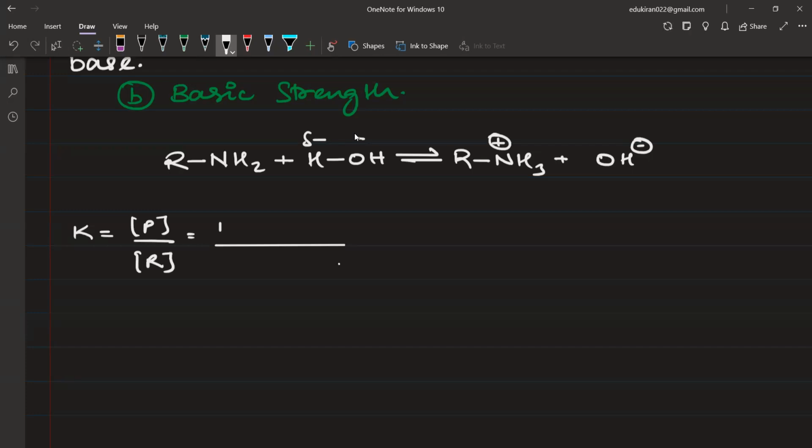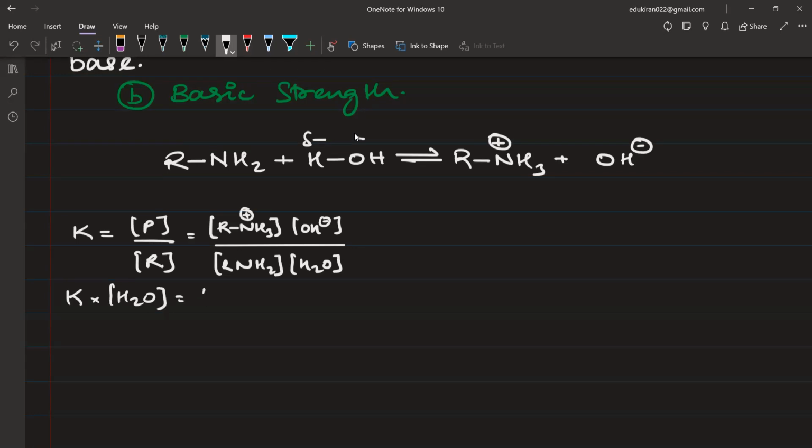The product here is RNH3 positive and OH negative, and in the reactant, we have RNH2 and H2O. Now, since the concentration of H2O is constant, I will multiply this K into the concentration of H2O. This will be equal to the Kb, which is equal to RNH3 positive OH negative divided by RNH2 only.